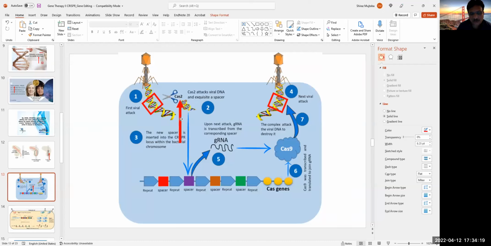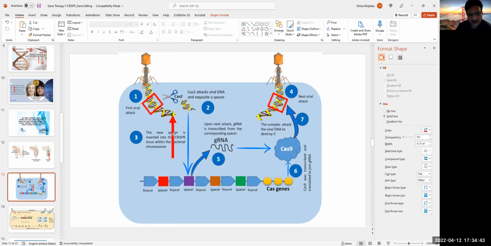This is a nuclease, right? It cuts the bacteriophage, and then this DNA is inserted or copied into the bacterial genome. So this is a bacterial genome, and in particular this is the CRISPR Cas locus.